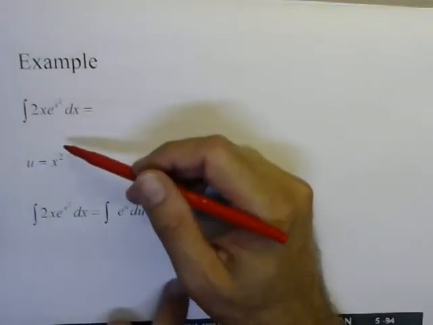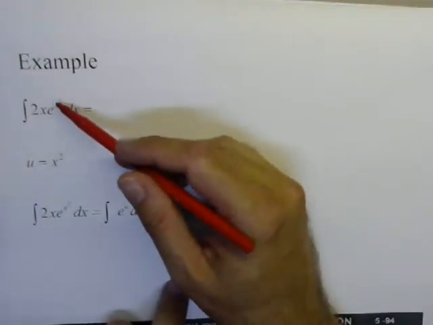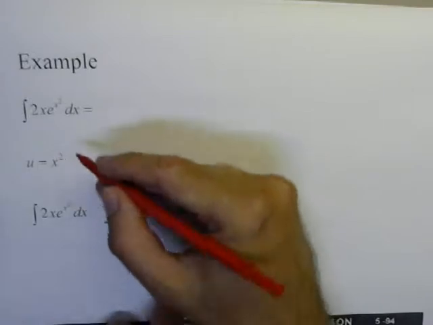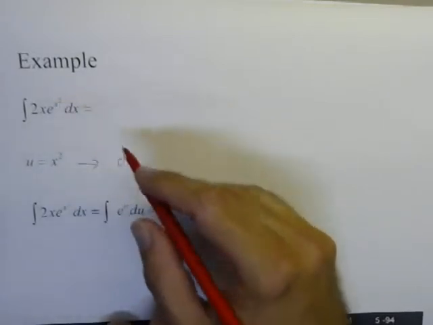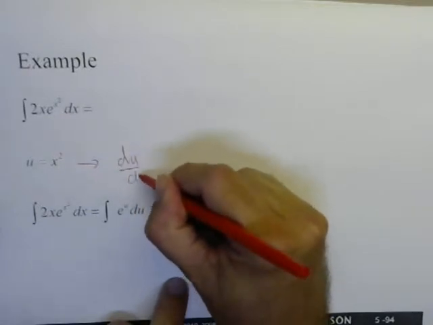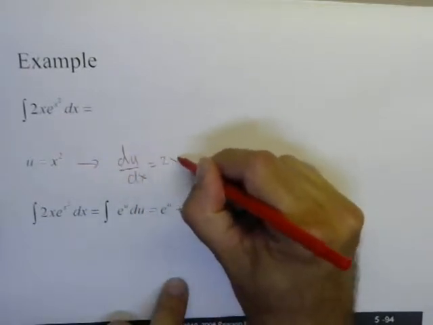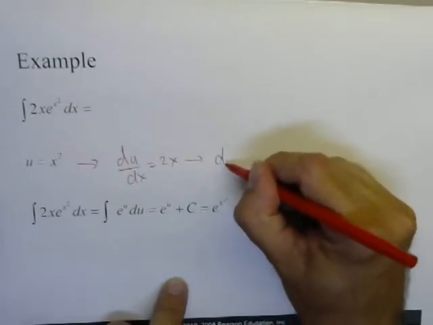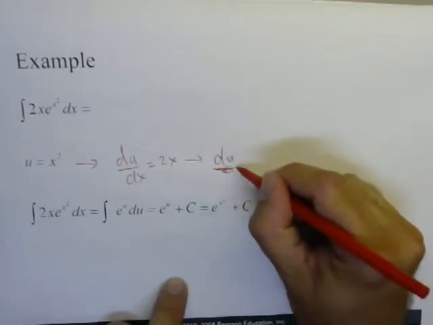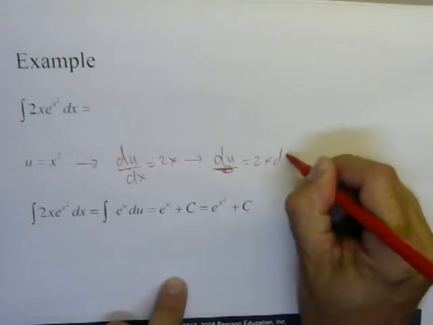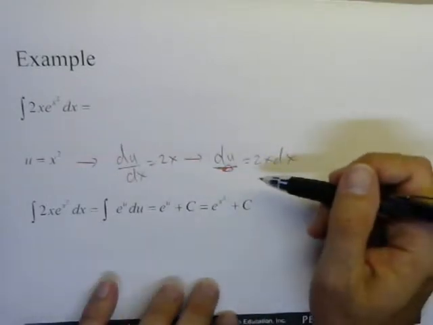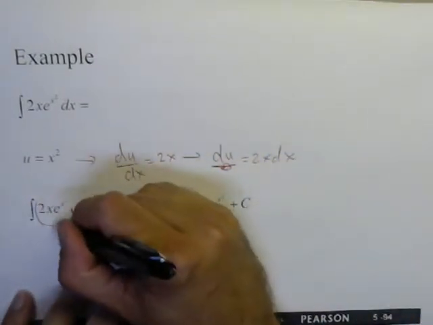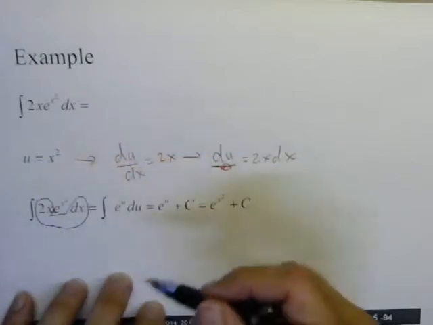So the idea then is I will replace this with u, and because you not only have to replace the x up here, but you have to replace the dx as well, I take the derivative and get 2x. That implies that du, if I multiply both sides by dx, is 2x dx, right? So that means this thing here, you can replace with du.